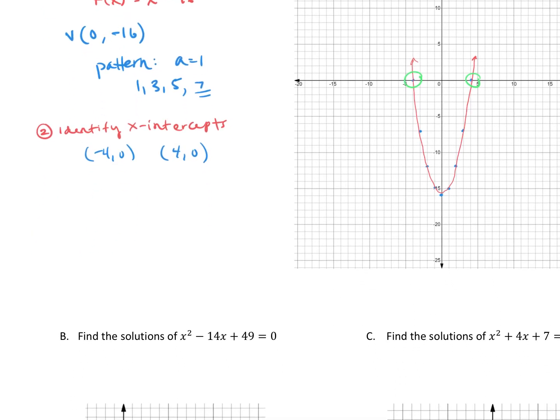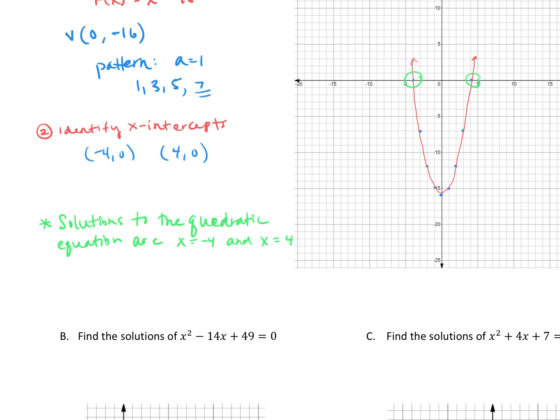So what that tells us is a couple things. The solutions to the quadratic equation, that word is quadratic, it doesn't quite look like it, are those x-intercepts: x equals negative 4 and x equals positive 4.